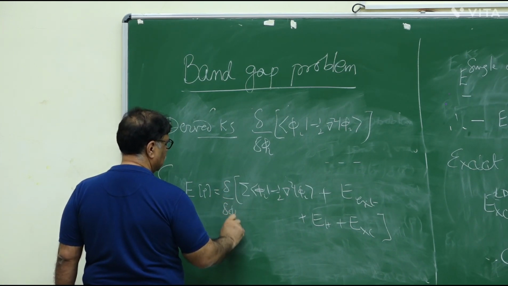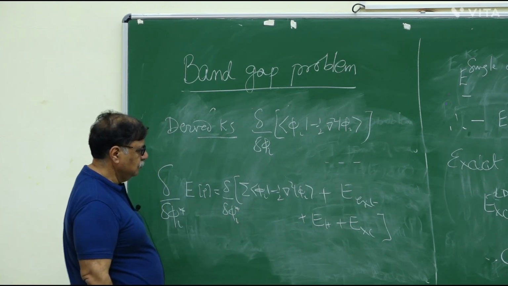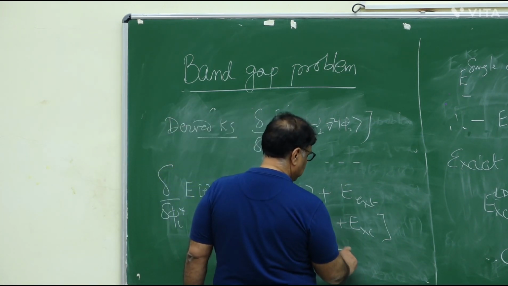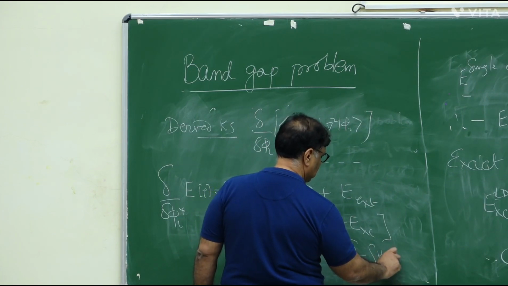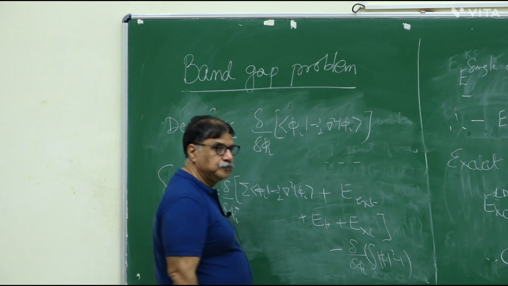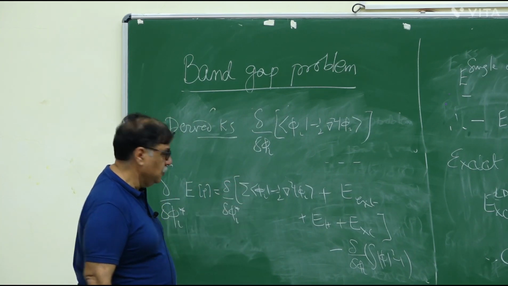I can always do that, instead of orbital, I can do this, with the condition that they be normalized. I get the Kohn-Sham equation.